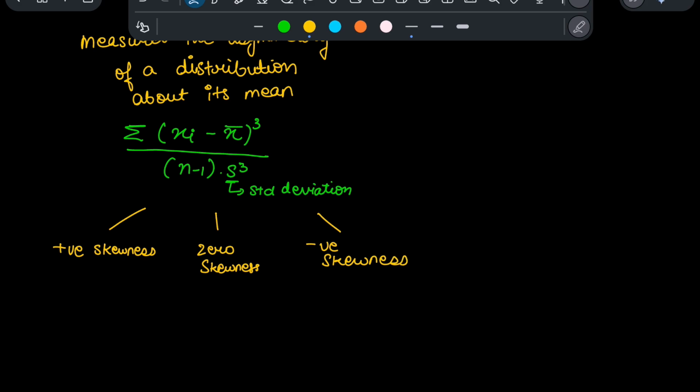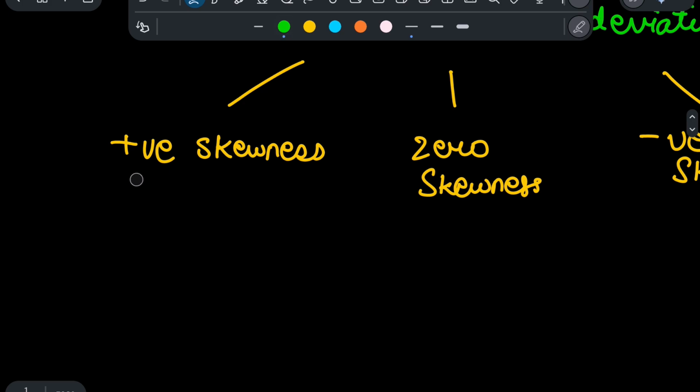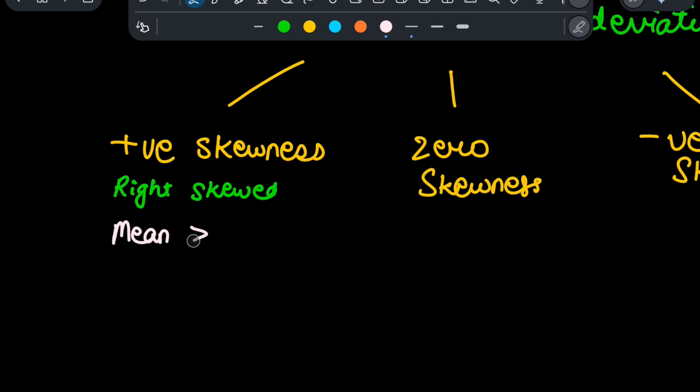Now, talking about the positive skewness first. Positive skewness is also known as right skewed. In the positive skewness, the tail extends towards the right, and it occurs when the mean is greater than the median. For example, the salaries in a company, where a few very high earners pull the mean upward.